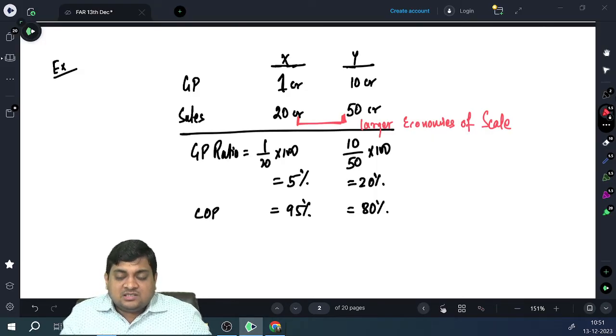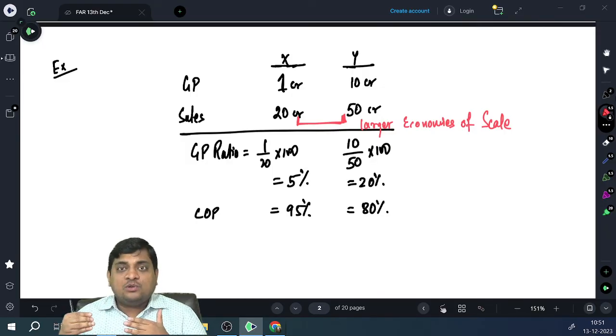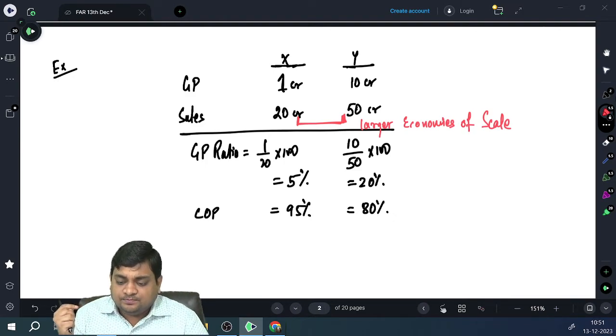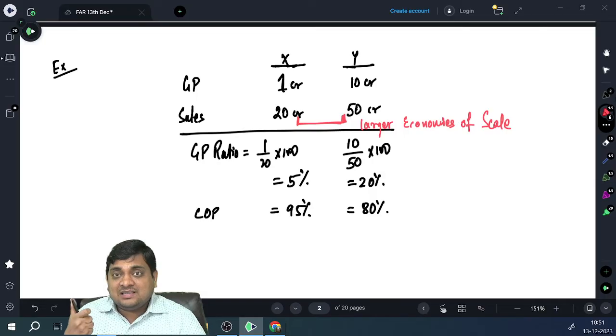So you need to understand one thing: if you are working on a larger economies of scale, obviously your cost of production will come down. So this type of analysis you need to give when you are calculating ratios, when you are establishing some kind of relationship between two variables.